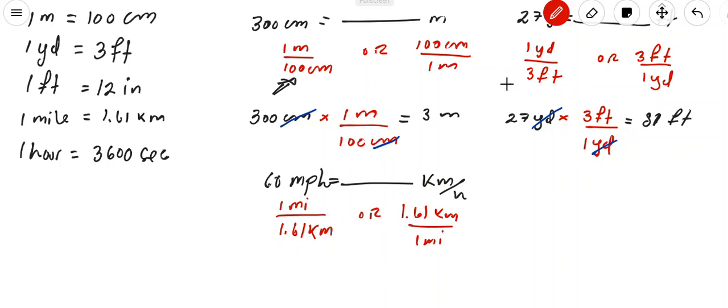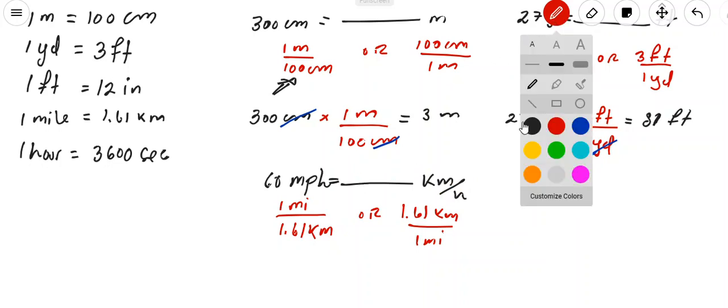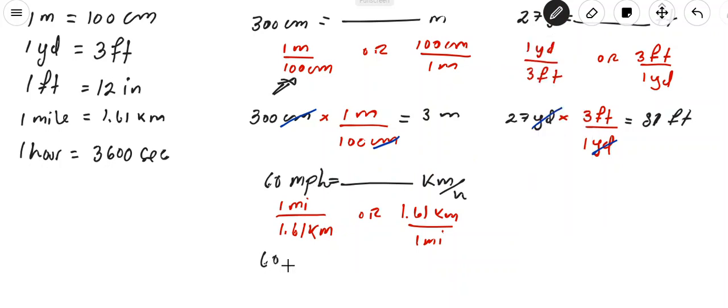So what is going to be the fraction that we're going to use? Of course, we want to get kilometers as output, so we're going to use a fraction containing the kilometers in the numerator. And we get 60 miles per hour. Basically, this MPH is the same as 60 miles over hour, then times 1.61 kilometers in each mile, right?